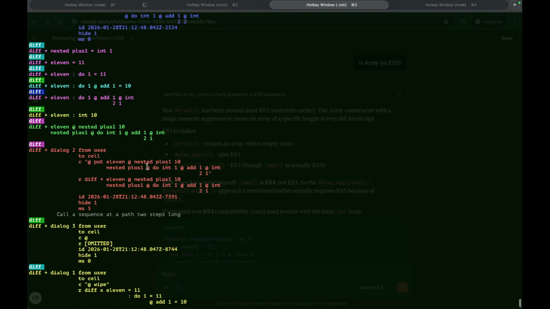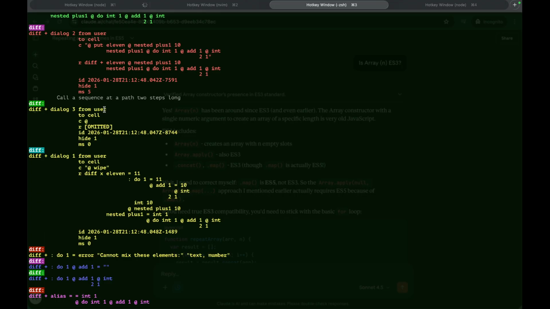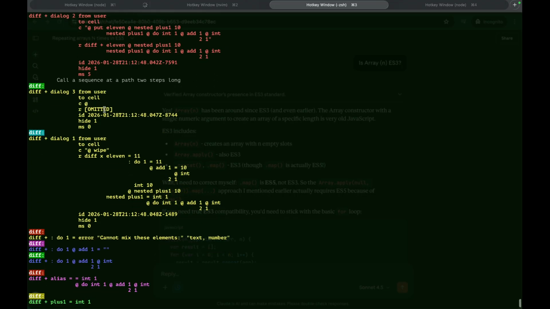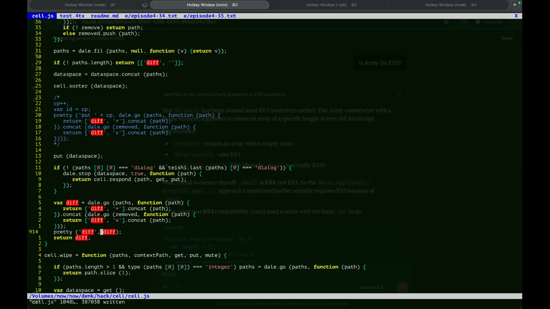So we just look at the puts. Where's this coming from? Or is there just a colon from a sequence? That's the issue.